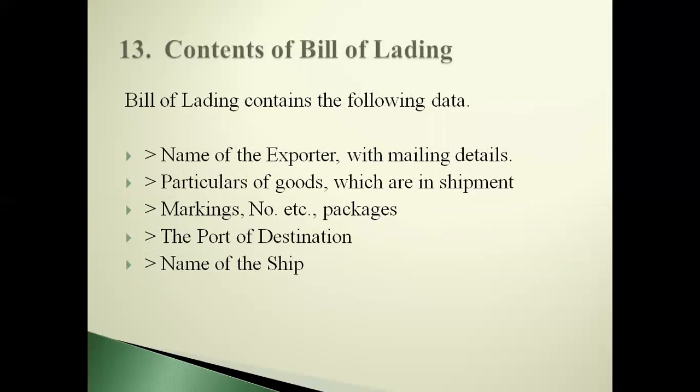Now, I think it's better to have a look at the contents of the bill of lading. As we have discussed earlier, it's a very important document. It contains the following data. Number one, the name of the exporter with the mailing address and contact details.